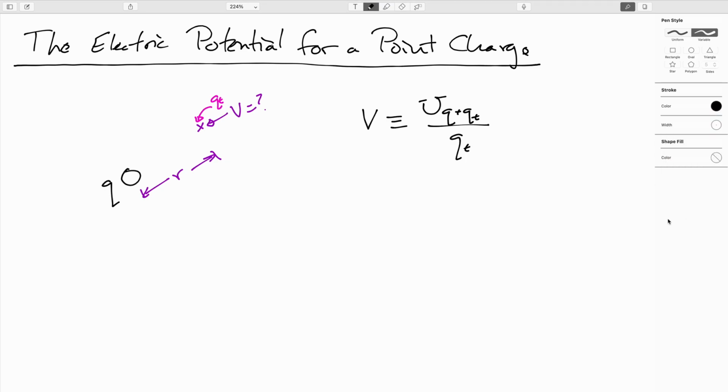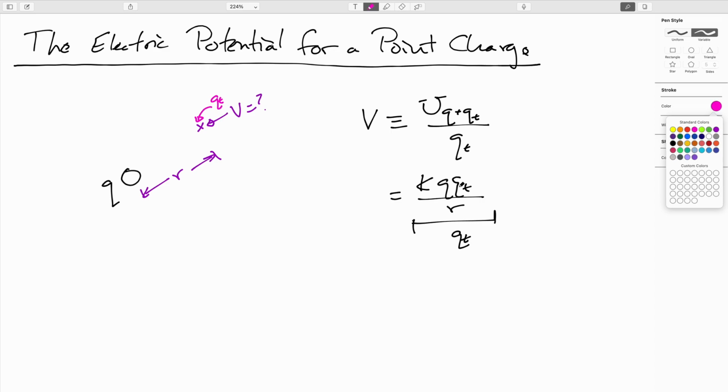And we remember that the electric potential energy for a pair of charges is K, Q for this charge here, and then this hypothetical charge that we put here would be QT, over R, and then we would divide the whole thing by our test charge, and the test charges had better cancel out because we only made them up in order to figure out what the potential would be at this point in space here.